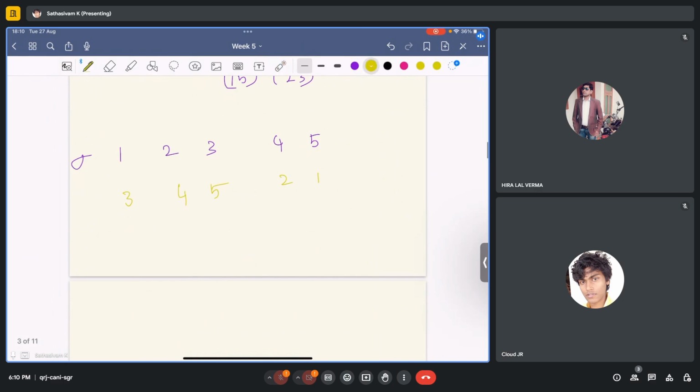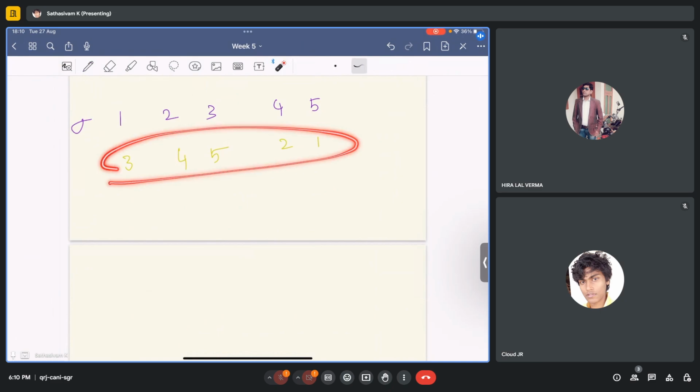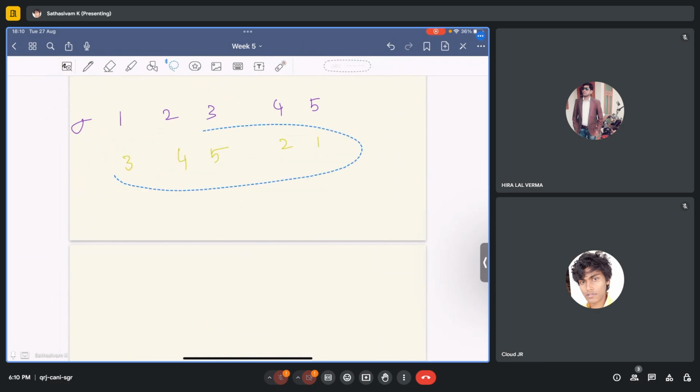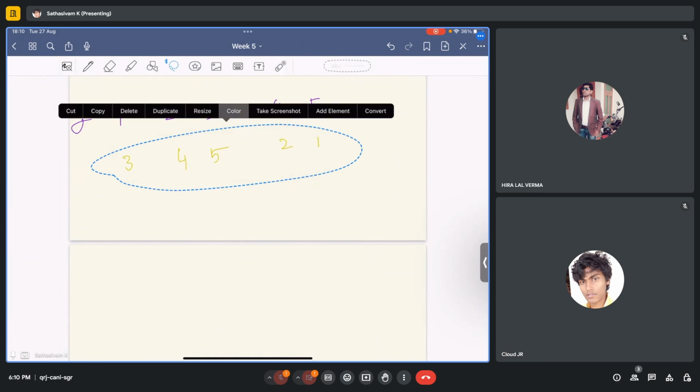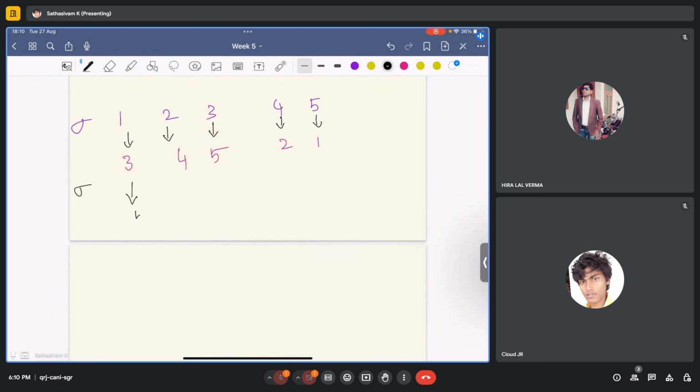Now if you want to compute sigma squared, you apply the sigma, and I will use a different color here. I can send the sigma again here. 3 goes to 5, so if you use the sigma again, 3 will go to 5.